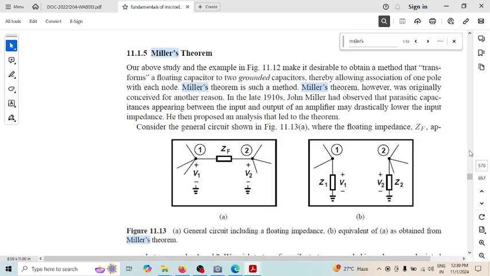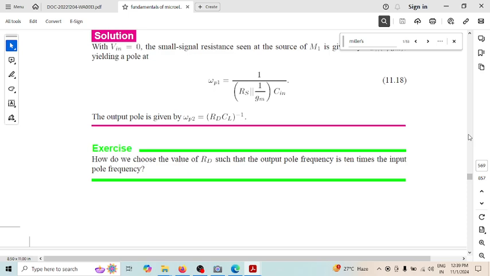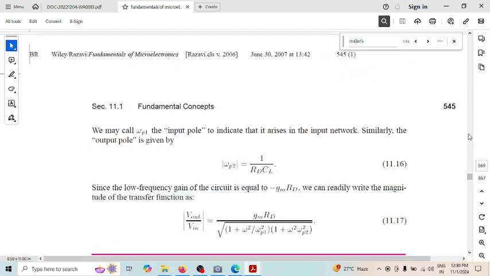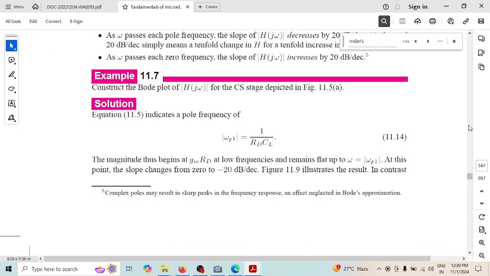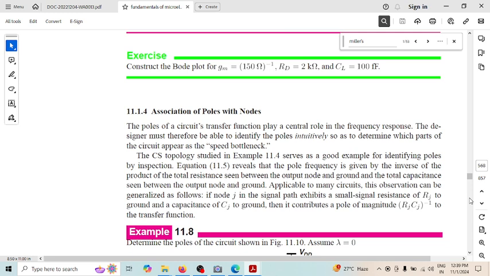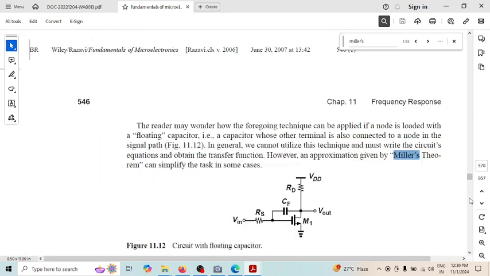This is in the textbook. Maybe you can look at section 11.1.5, Miller's theorem. He talks about the same thing. He is just referring to this CF.